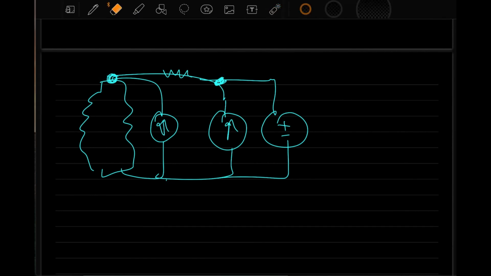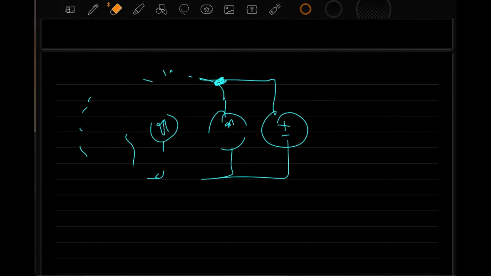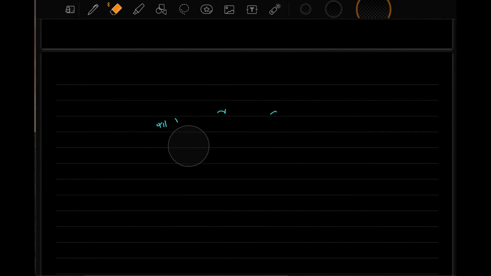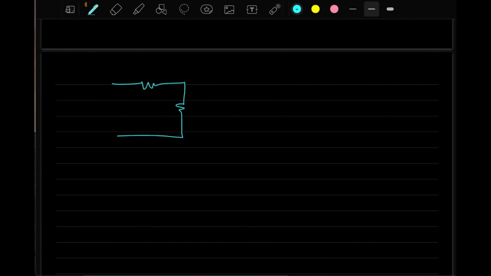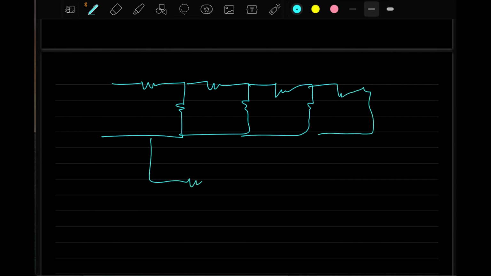But if you have multiple meshes, as you can see in the ladder networks that we have in circuits, let me draw that also. The answer will come from both ways, whether you do it from this or that. So here, if you have something like this, in these types of situations mesh analysis will be helpful, because nodal analysis will be cumbersome, as you have so many nodes.